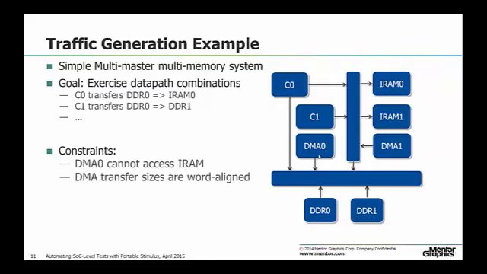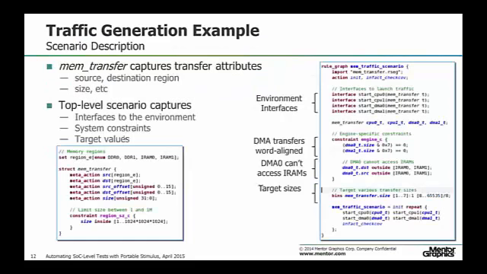So how would you model this using rules and a graph? Well, the first step is to describe the transactions we're interested in. In this environment, the transaction is a memory transfer that has attributes like source and destination address.